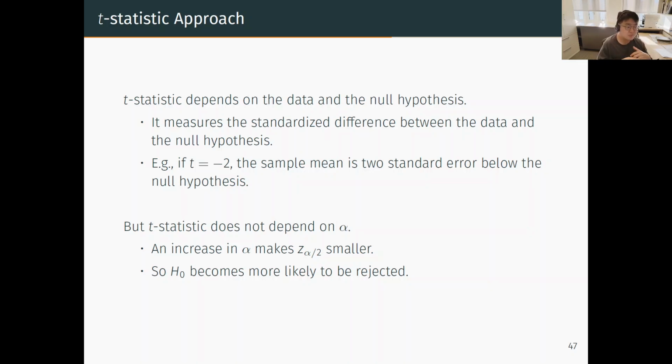But the comparison is a little bit more involved because it's not as simple as comparing with alpha; you have to calculate Z alpha over 2 from the standard normal distribution. Still, t does not depend on alpha. Earlier I explained that as alpha increases, you are going to reject more.